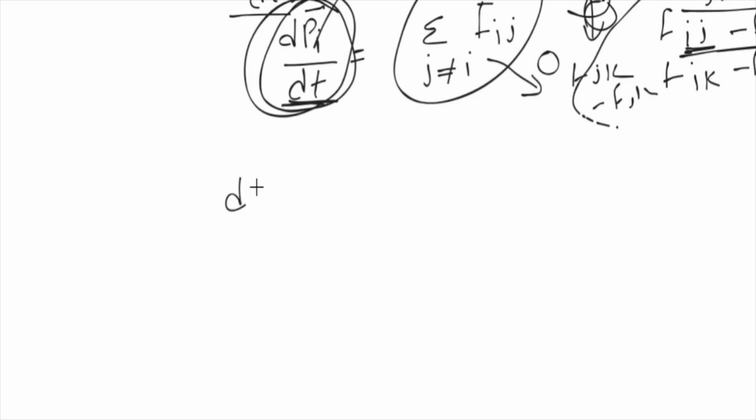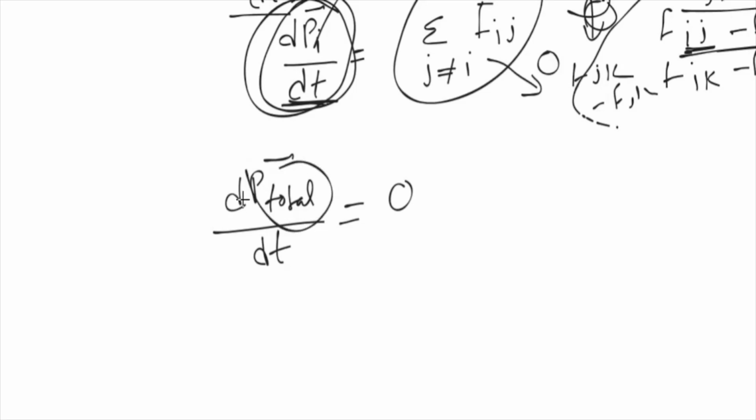We can also write it again, dP total upon dt is equal to 0. So what does this say? That the total momentum is conserved. If the derivative with respect to time is 0, it means P total is equal to a constant, or we can say it is conserved.